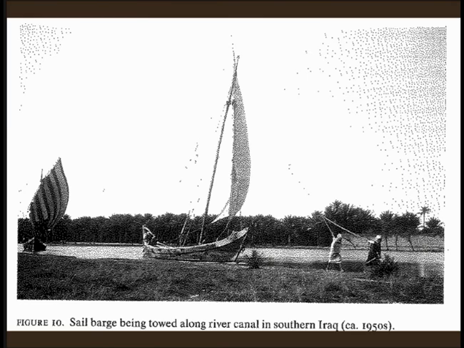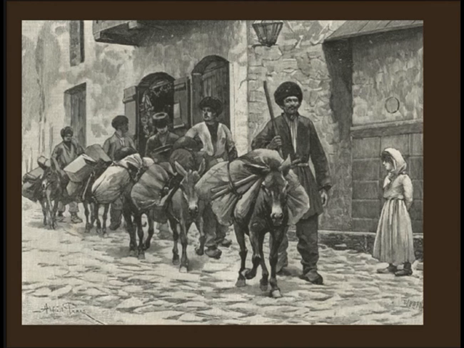Now, in other parts of Mesopotamia, you could use the rivers somewhat, but you didn't have all these networks of canals like you did in southern Mesopotamia. And so only around the next period, so not even at this period, but in the next period, you have donkeys, which could actually be used to transport goods.